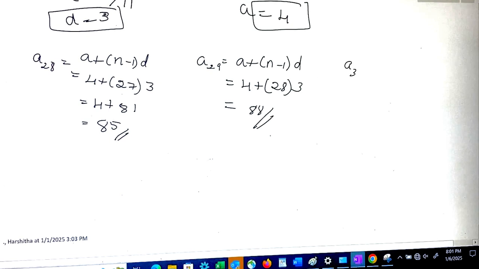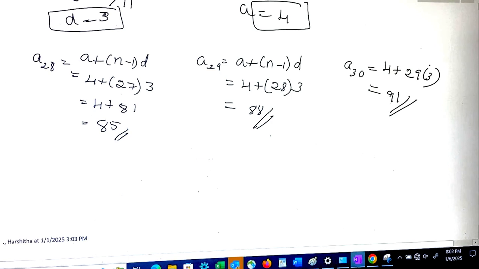A30: again a is 4, 30 minus 1 is 29, and 29 into d value, which is 3. So the A30 value becomes 91. So this is the answer for the first set of questions.